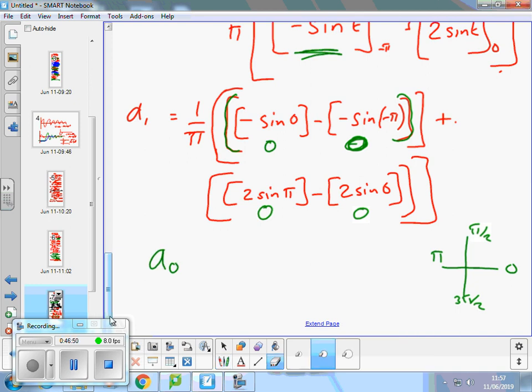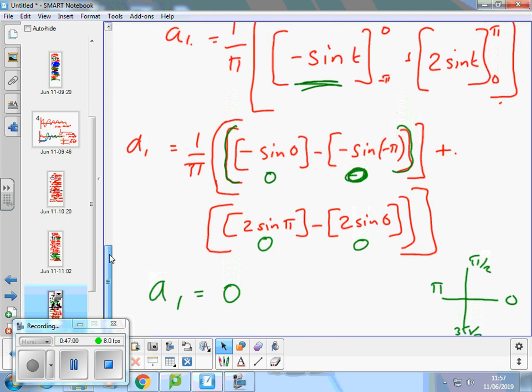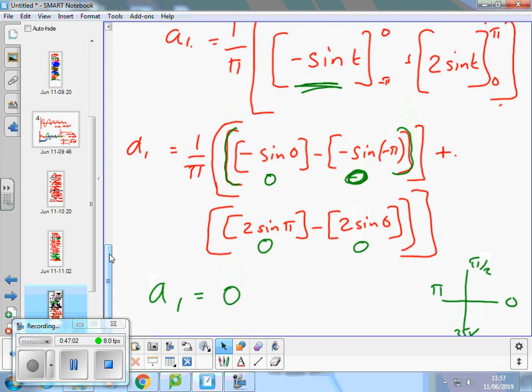A1 equals 0. Yep. And the only difference if we go to A2 is this number, but nothing's going to change the fact that those sines are always going to make all those numbers 0.